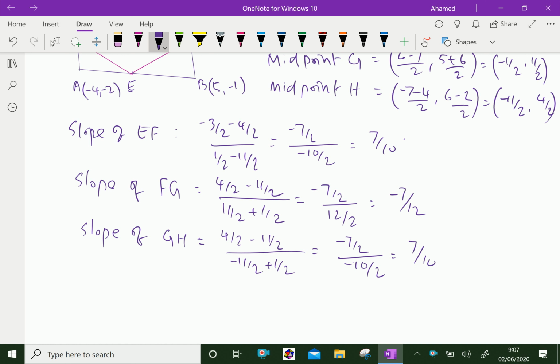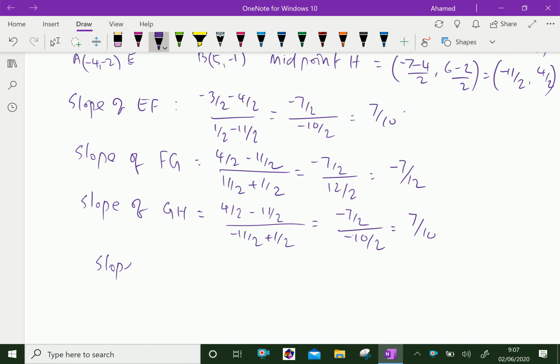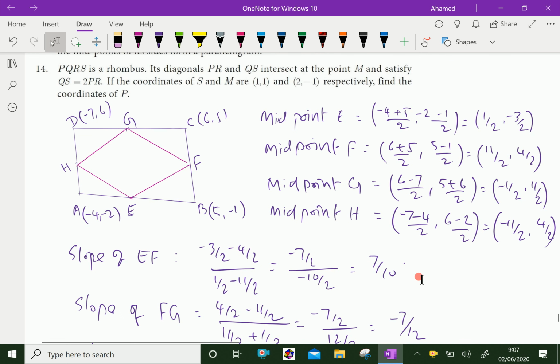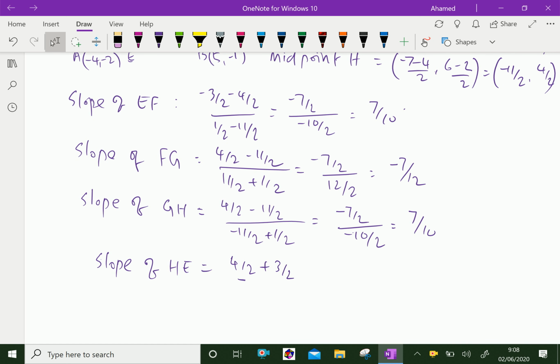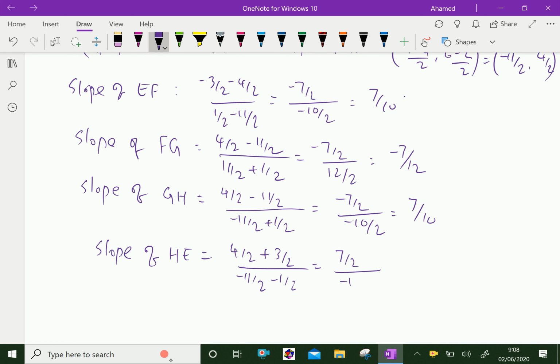So we got it, and slope of HE: (-3/2 - 4/2) over (1/2 + 11/2), which is (-7/2) over (12/2), which is minus 7/12.